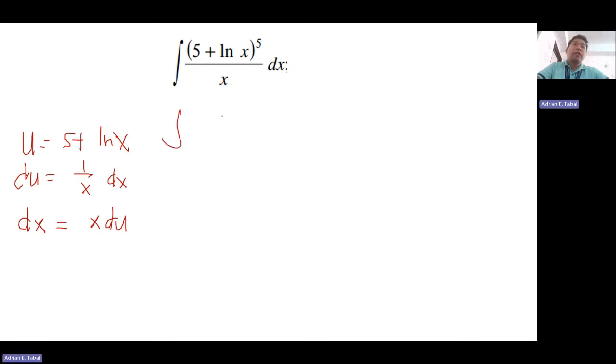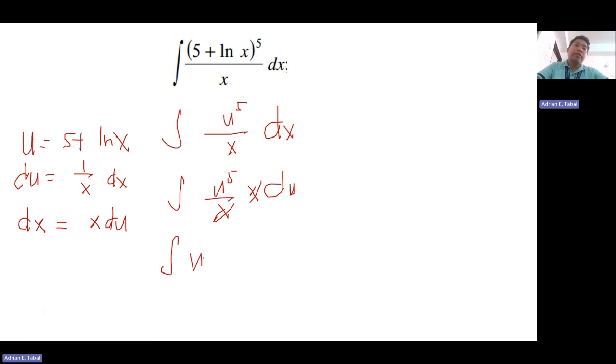Going back to our function, we have u raised to 5 over x, and we have dx. The value of our dx is x du. We have u raised to 5 over x du. Cancel. The remaining value is u raised to 5 du. So power rule is plus 1. We also have 5 plus 1.